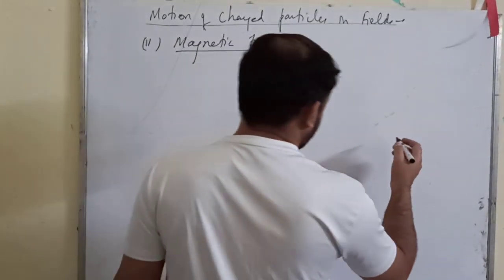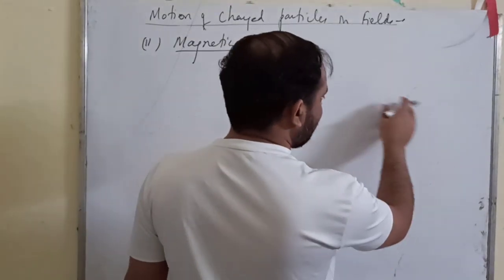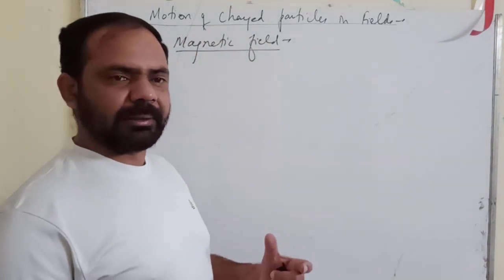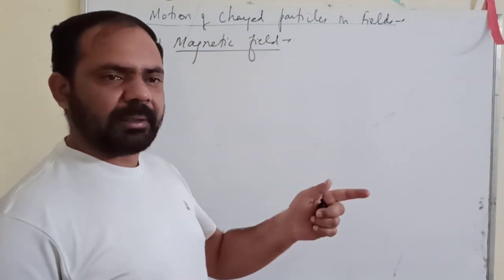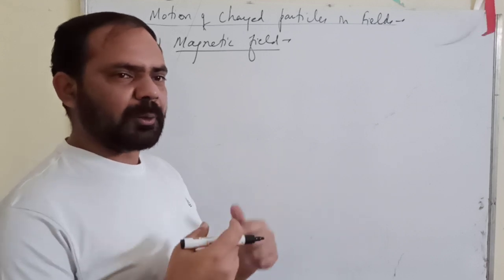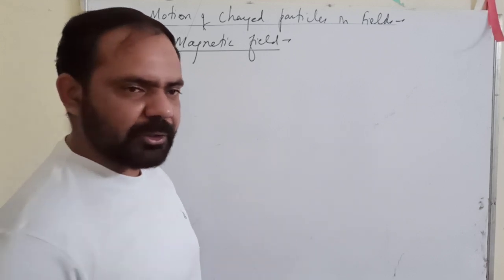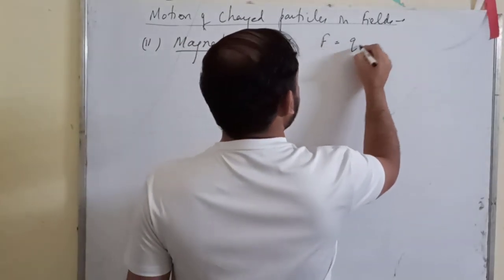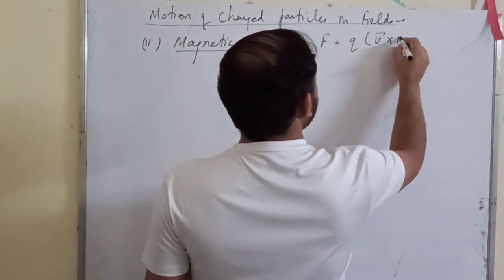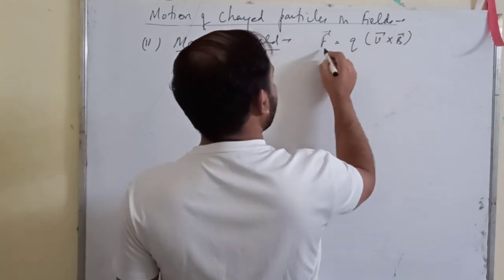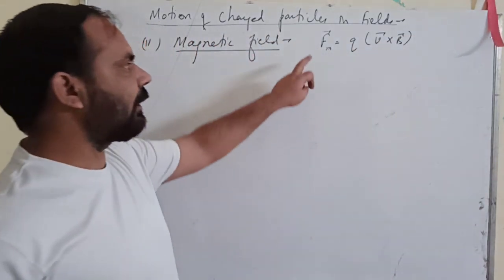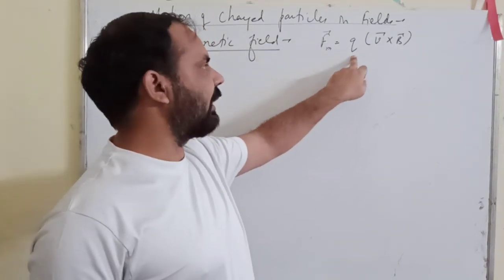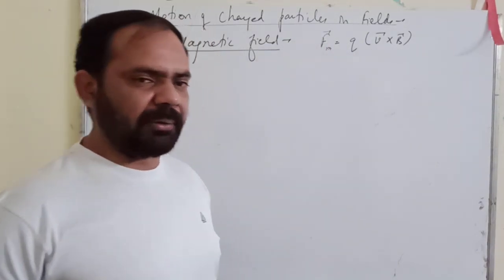So suppose we have a magnetic field in some region. Whenever a charge enters inside a magnetic field, as we have already discussed, it experiences a magnetic Lorentz force, and that magnetic Lorentz force is given by Q times V vector cross B vector. Okay, Fm, the magnetic Lorentz force experienced by the charge, is given by Q times V vector cross B vector.